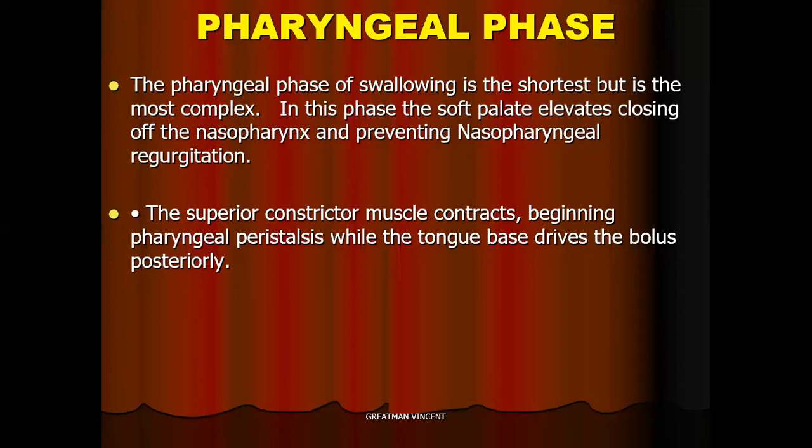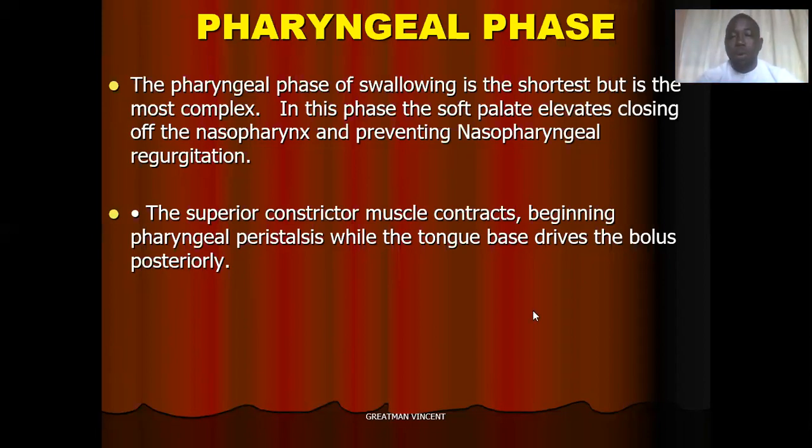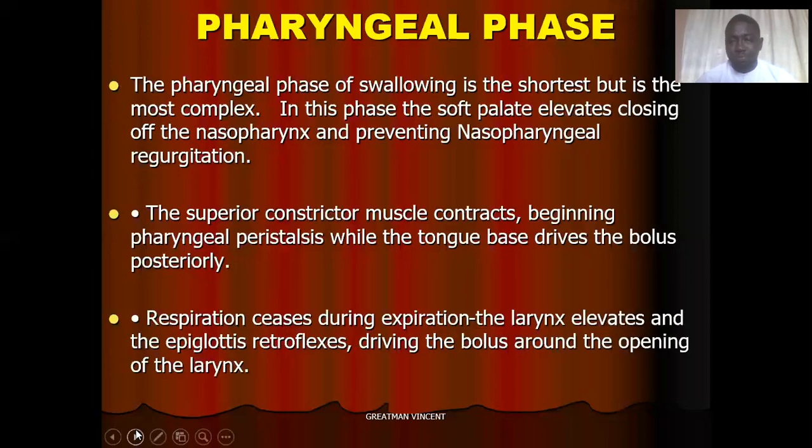But basically, at the pharyngeal phase, there is a muscle we call the superior constrictor muscle. The superior constrictor muscle will first contract so that we will have what we call pharyngeal peristalsis. Now, I will take time to take you through what is meant by peristalsis. So just as I said, at this phase of the swallowing, respiration is being ceased.